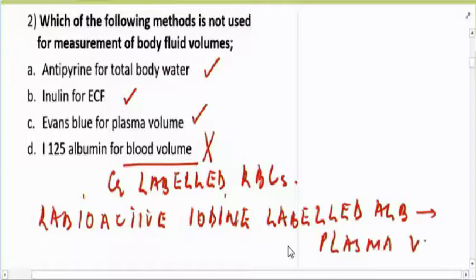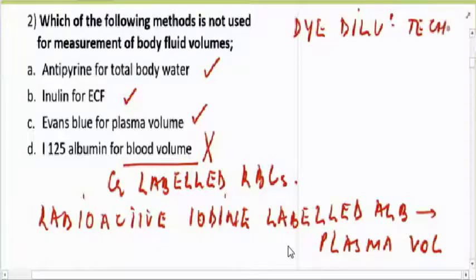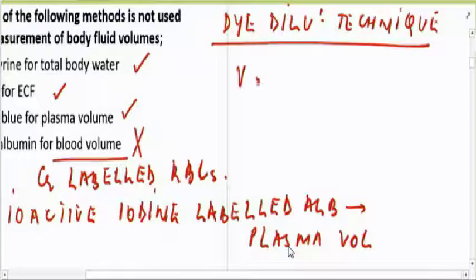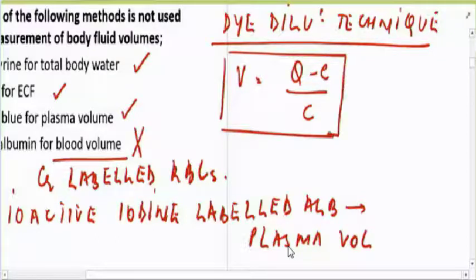Now, what is the formula which is going to be used? This is the usage of these substances for determination of different body fluid compartments. This is also known as the dye dilution technique. And the formula used in this dye dilution technique is V is equal to Q minus E over C. V is the volume which you have to determine.